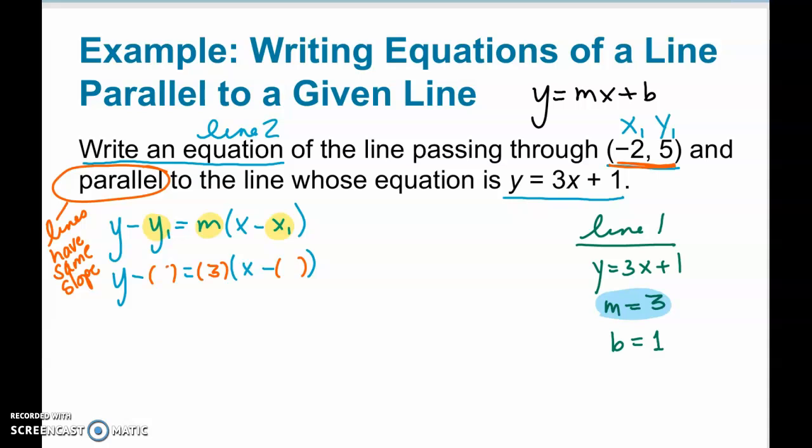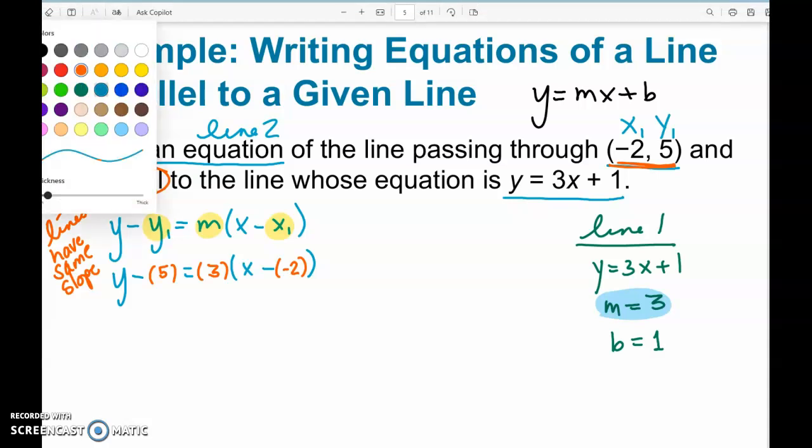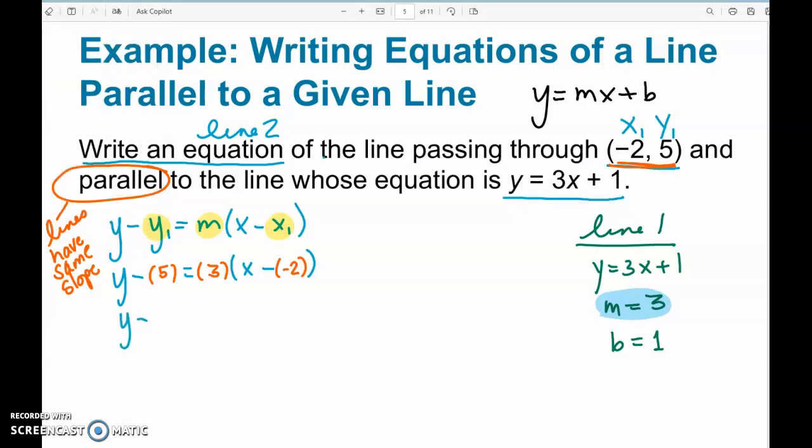So my y would be 5 and my x would be -2. And now it's just a matter of cleaning this up. So I'll say y minus 5 is equal to 3 times x, well, this is going to be plus 2. And then I distribute the 3. So this is 3 times x, and then 3 times 2.